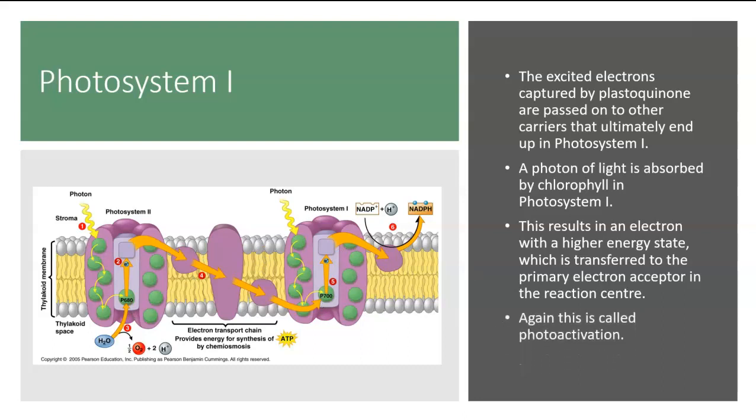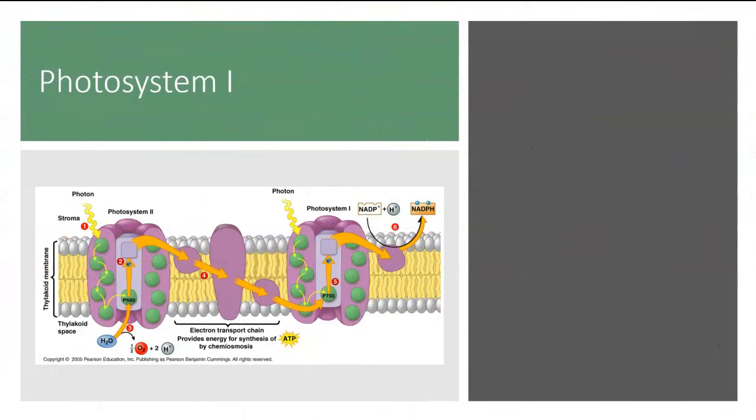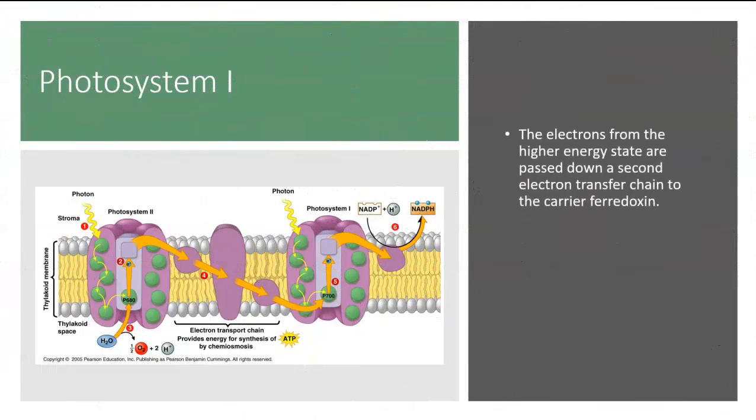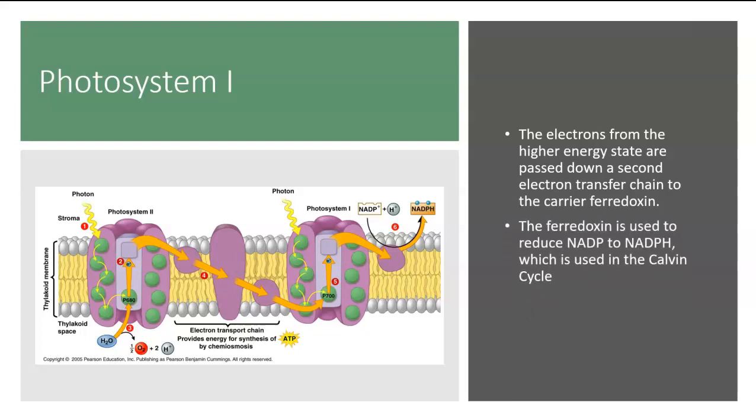Again, this is called photoactivation. The electrons from the higher energy state are passed down the electron transport chain to the carrier ferredoxin. The ferredoxin is used to reduce the NADP to NADPH, which is then used in the Calvin cycle.